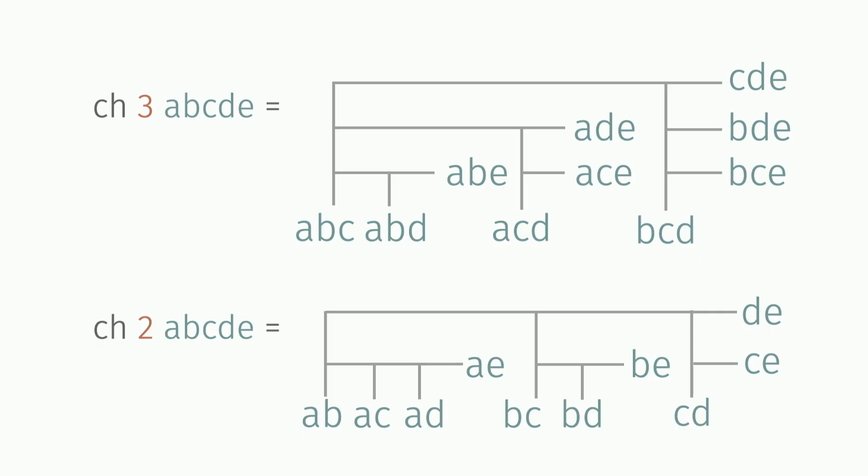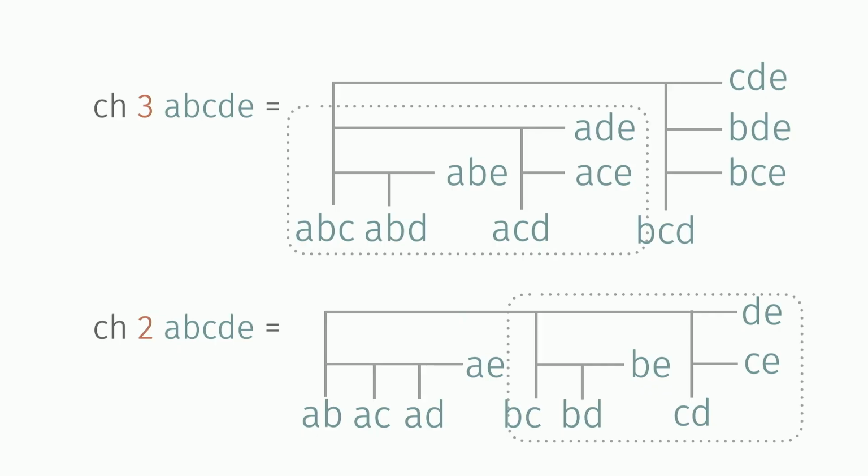And another thing you will notice is that these 2 subtrees have the same shape. Why is that? Of course, because the tree on the top was computed by attaching an A to every node of this tree.